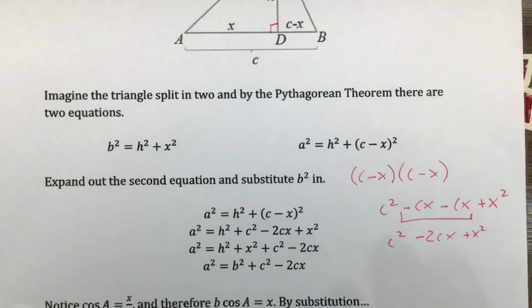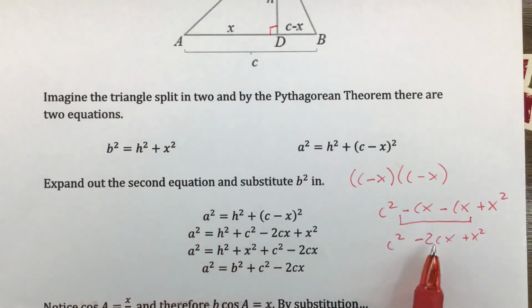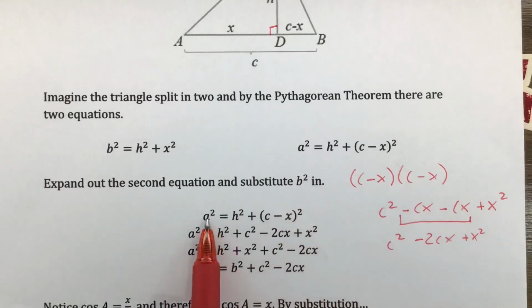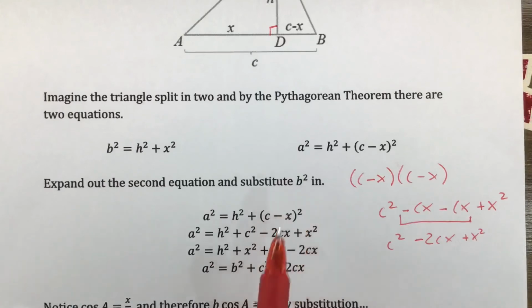All right, so we're going to expand out the second equation. We just did that, sort of. We expanded out this part. That's this piece, okay? And now the second part says we're going to substitute b squared in. But to make this work, we're going to take that x squared that we have at the end and move it forward a little bit.